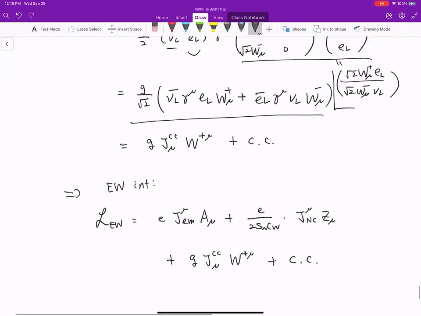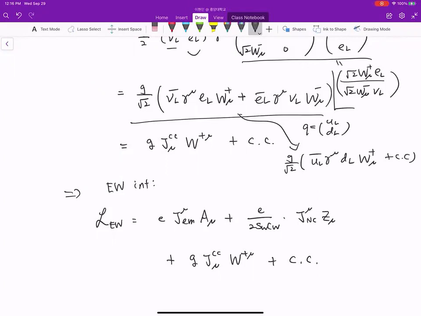So in the case of quarks, we have a quark doublet, U_L, D_L, right? So just this interaction. So the neutrino is up, the electron is the down quark, something like that.